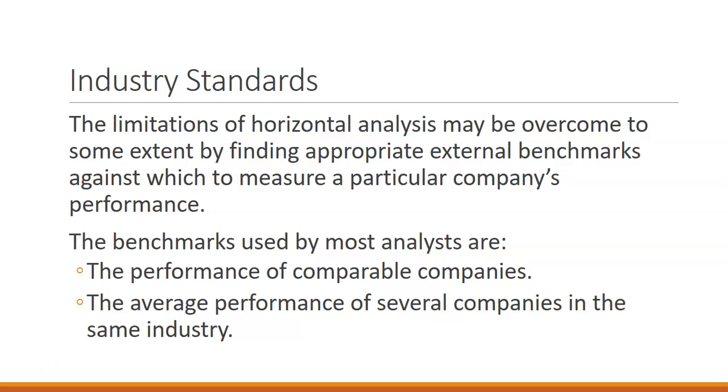Benchmarks are comparable companies. It's the average performance of companies within that industry. So we would have what the average restaurant performance is among all of the industry. What is the benchmark for restaurants, or what is the benchmark for retailers versus what is this current company doing?